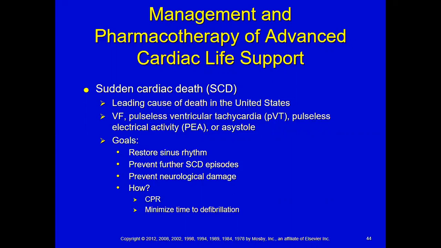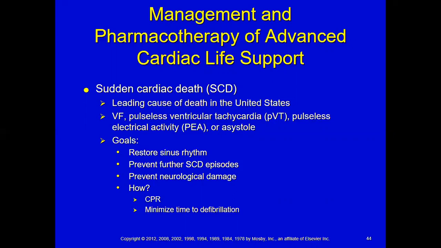I'm trying to prevent neurological damage. So someone tell me how we prevent neurological damage, right? So if I have that patient who came in, what is one of the things that we'll do? We'll put them on the Arctic Sun, right? So the Arctic Sun will cool them down, slow down the metabolic rate, okay?